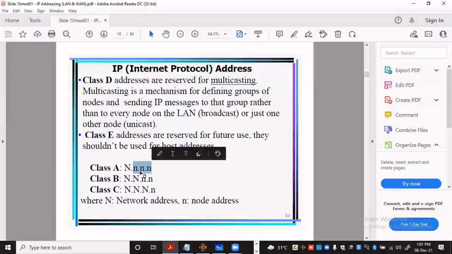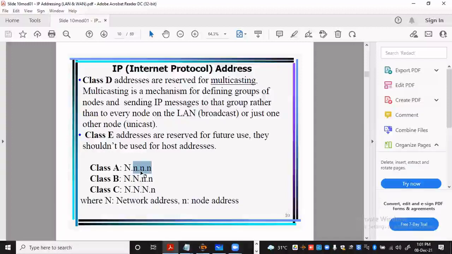So if you're going to work with a huge network, it's ideal to use a class A IP address, because it's the only IP class that can allocate 3 octets for just the node part.